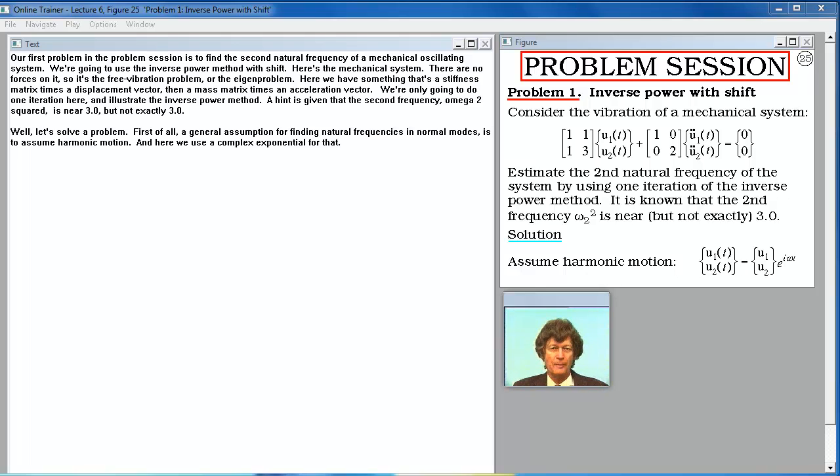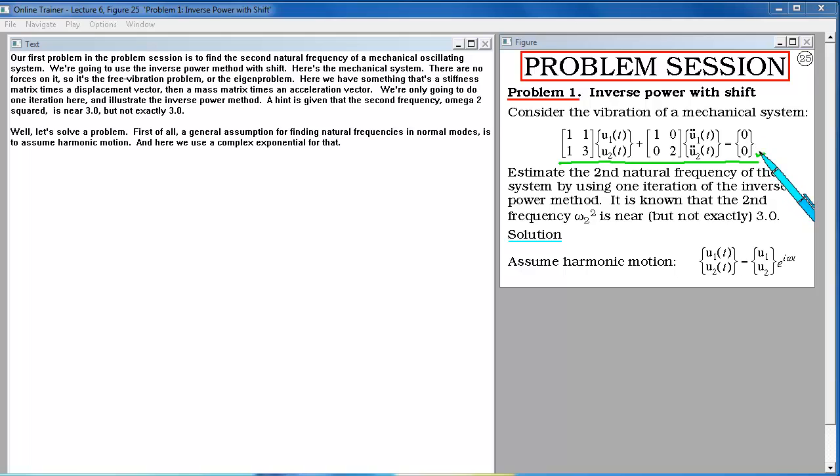Our first problem in the problem session is to find the second natural frequency of a mechanical oscillating system. We're going to use the inverse power method with shift. Here's the mechanical system. There are no forces on it, so it's the free vibration problem or the eigenproblem.